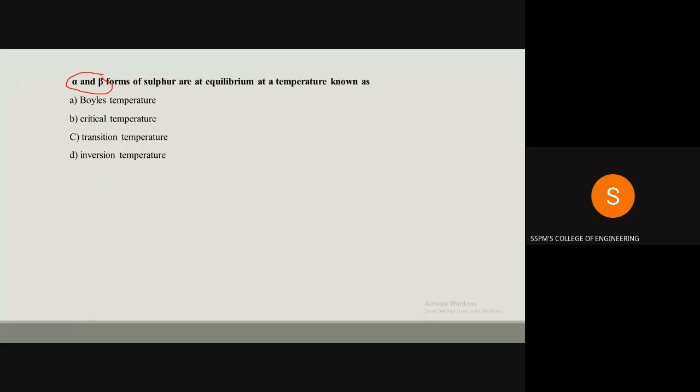This temperature is 95 degrees Celsius, and it is called the transition temperature. Below 95 degrees Celsius the alpha form is more stable, and above 95 degrees Celsius the beta form is more stable.